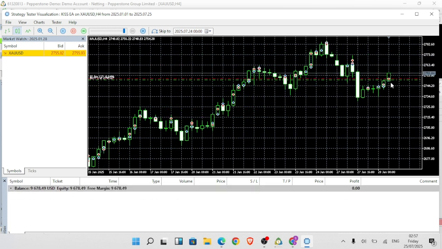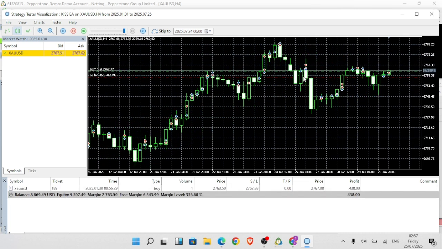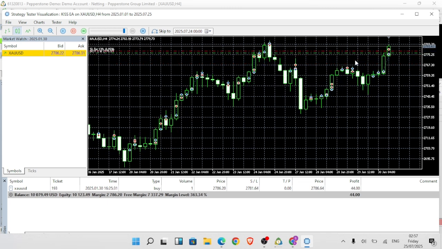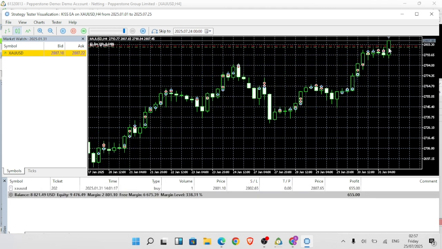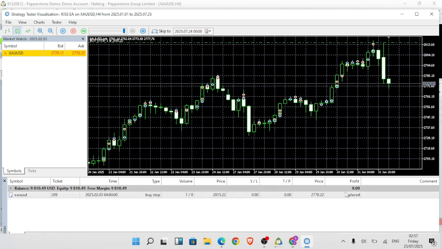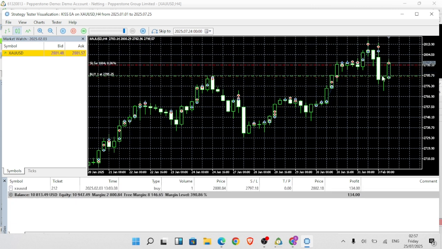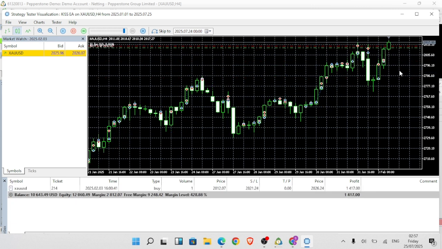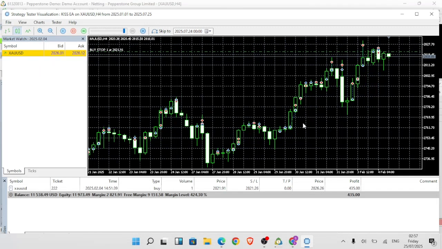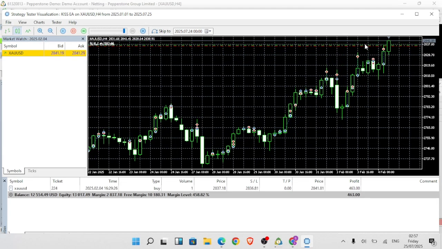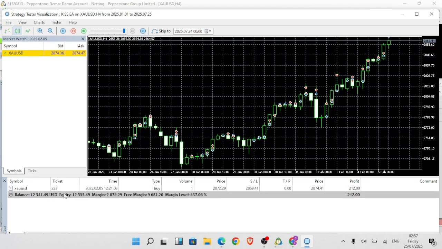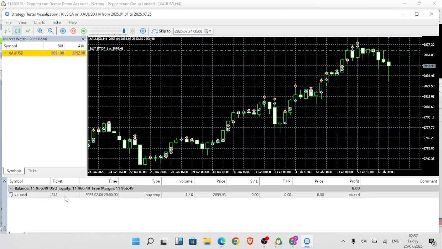That is because sometimes the trailing stop also trails the price as it moves against us, in the negative direction. So that is what is happening, but you can see there are some decent returns coming in.